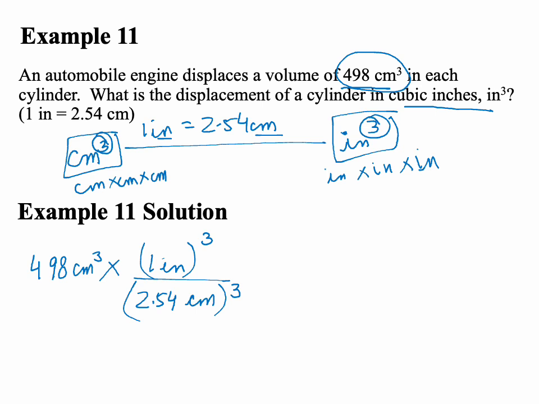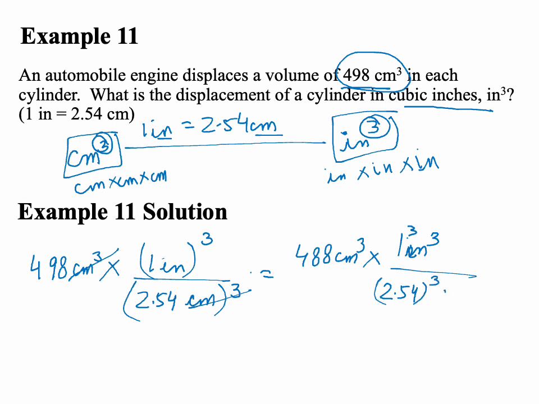So now this cubic centimeter and this cubic centimeter will cancel. But remember, this is 498 cubic centimeter times 1 inch cube, because 1 cube is the same as 1, divided by 2.54 cube times centimeter cube. So I'm only cancelling centimeter cube, but remember that there's 2.54 cube.